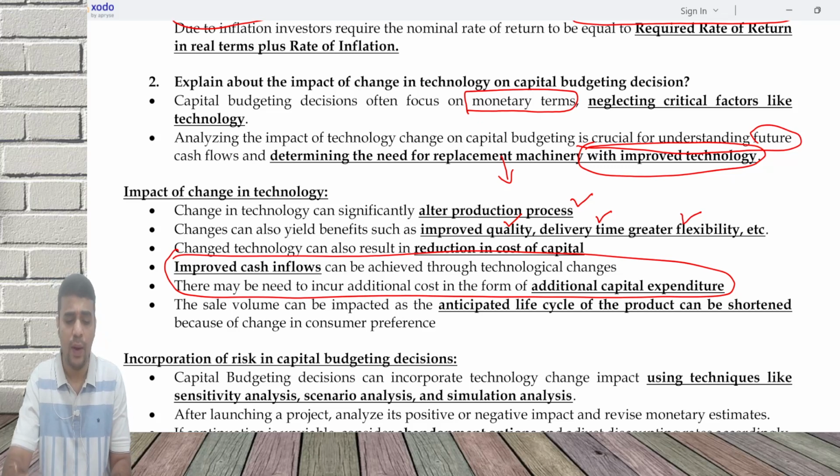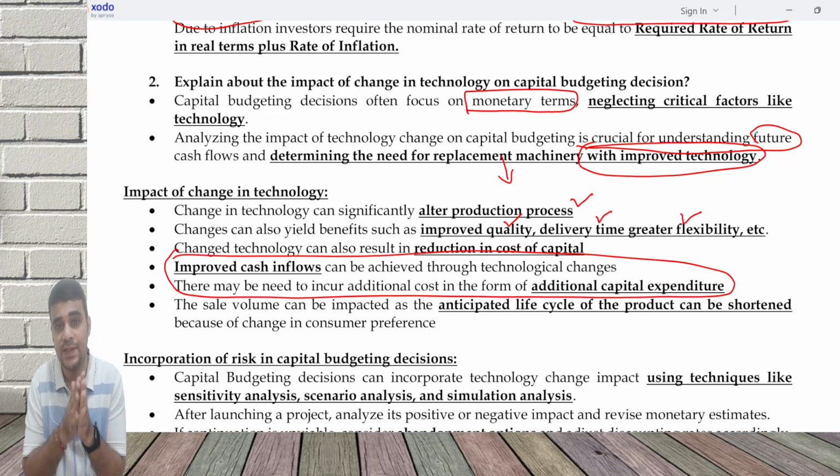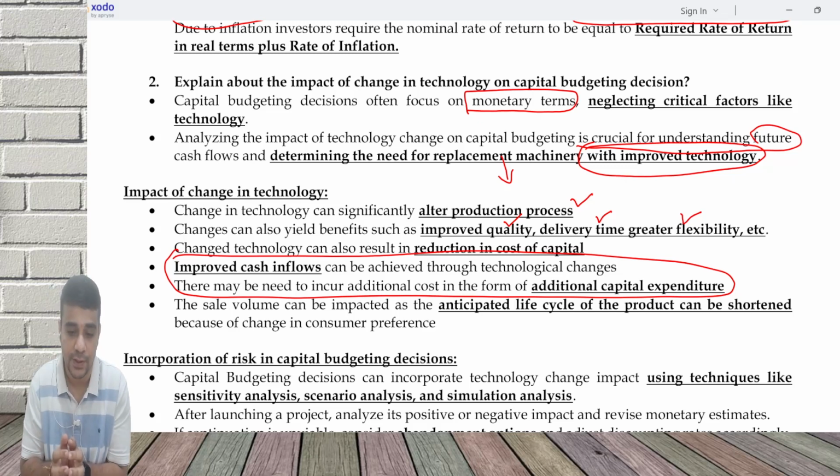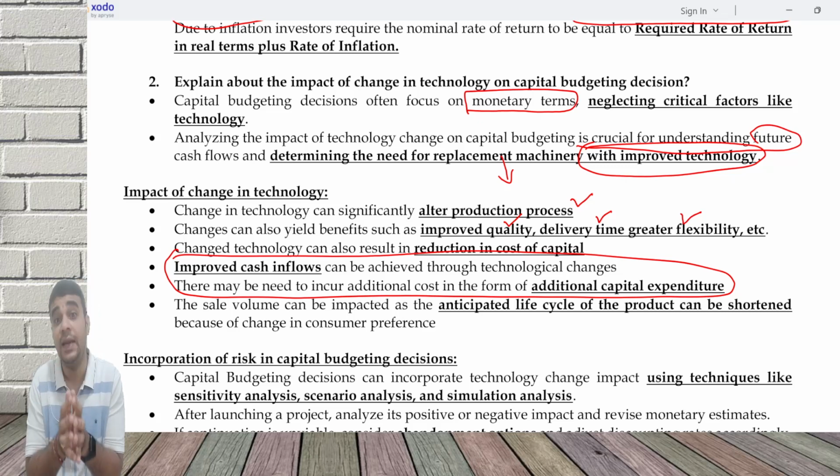How do I incorporate this risk in my capital budgeting decision? Now, I should first continuously evaluate, is there a need? Is there a need for changing my machinery, for changing my production process, for changing the manner I'm operating? Is there a need to do any alteration first?